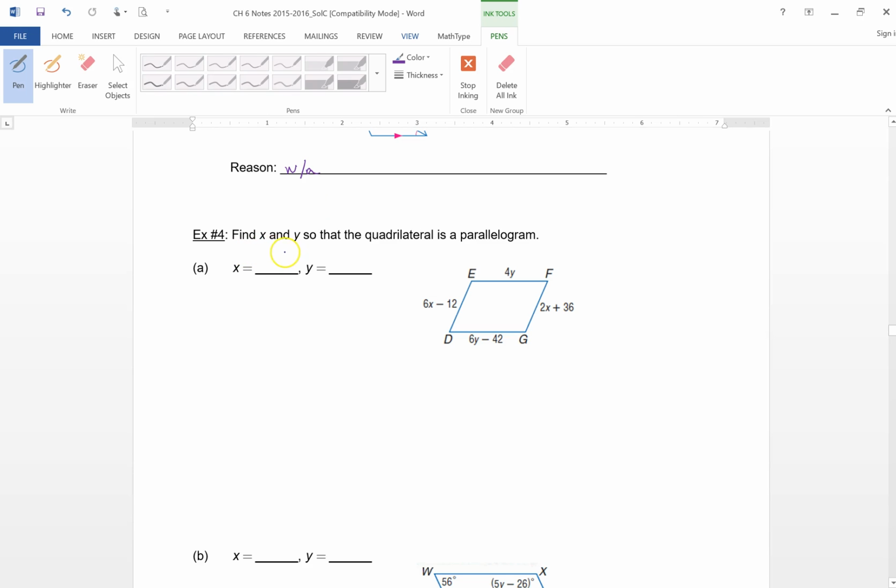Okay, find x and y so that the quadrilateral is a parallelogram. That means we have to satisfy the conditions and the properties of a parallelogram. Well, we're given information on sides. We know that opposite sides of a parallelogram are congruent. So I say 6x minus 12 equals 2x plus 36.